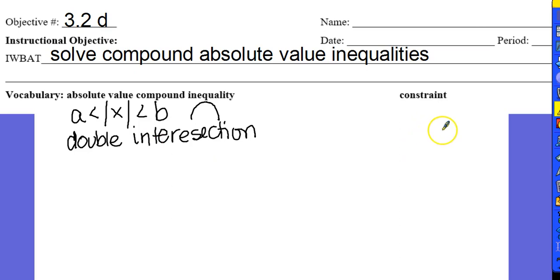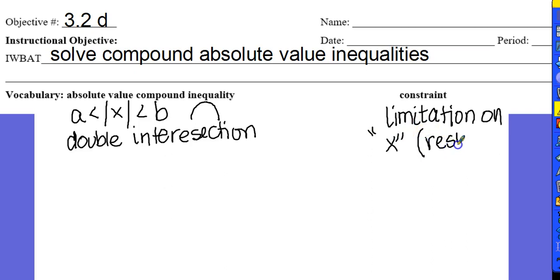Okay. Then we have another vocabulary term here, and that's the word constraint. A constraint is a lot like a restriction. It's a limitation on your X value, so another word for it would be a restriction of your domain. However, we're not really going to talk about them as functions right now.